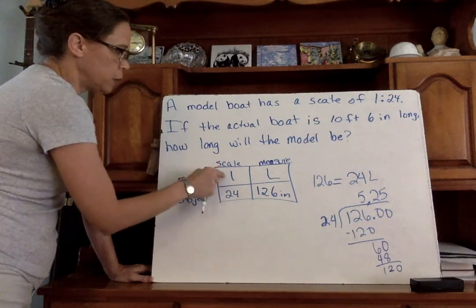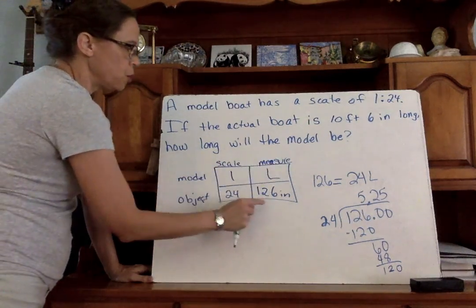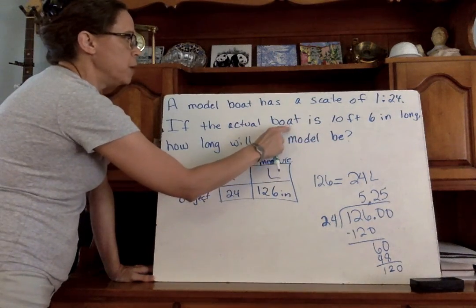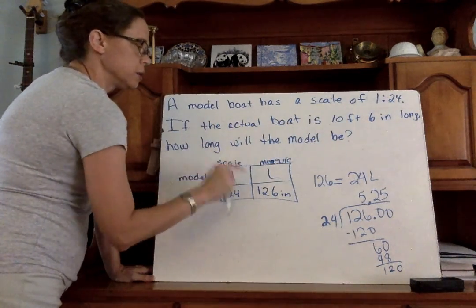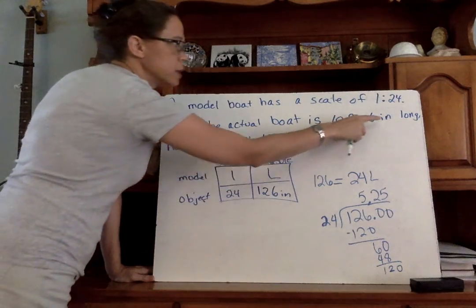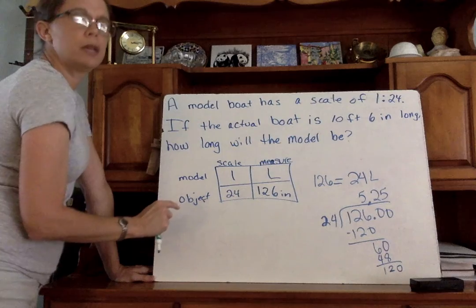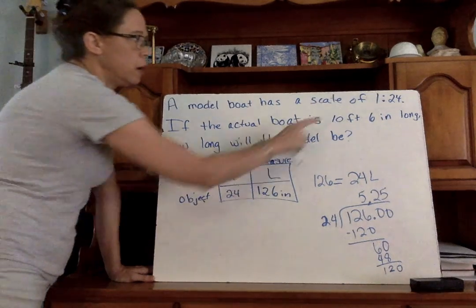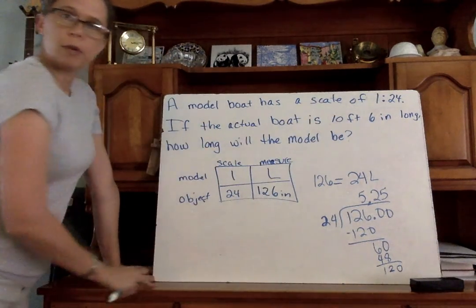The scale is 1 to 24, so that we know that the actual boat is 10 feet 6 inches. So I went ahead and converted that to inches, okay, because I have two different units. I said 10 times 12 is 120 inches, plus 6 gave me 126 inches.